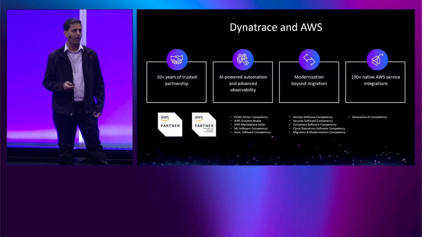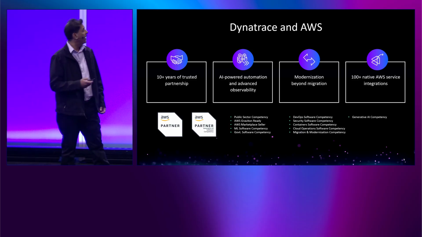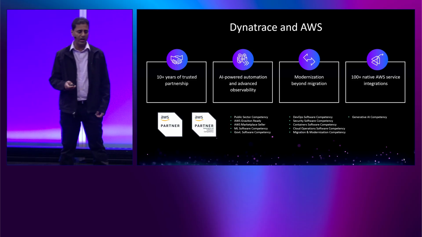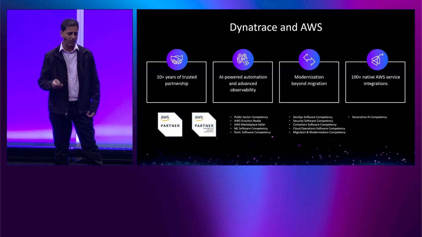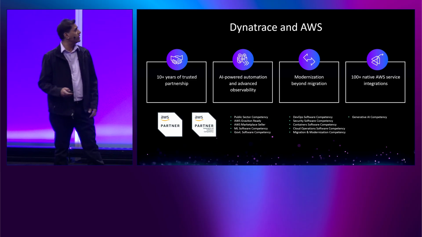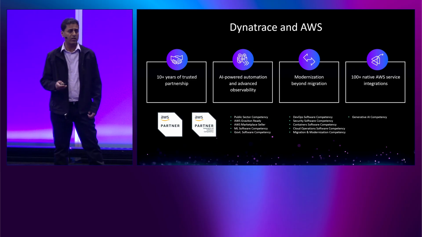Thanks a lot, Matt. So before we continue with the presentation, I would like to talk a bit about the partnership between Dynatrace and AWS. Dynatrace is an advanced technology partner with competencies in AI, Gen AI, machine learning, modernization, and migration. Both Dynatrace and AWS have 10-plus years of partnership with 100-plus AWS service integrations.